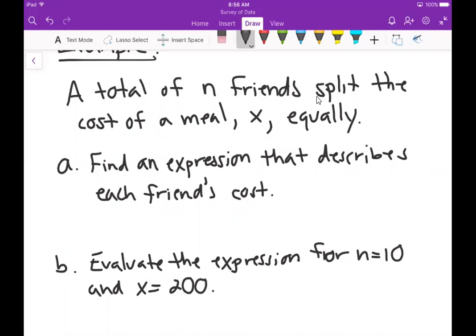So if we want to split up things equally, that wasn't in our list, but that's a good tip-off for division. So I want to take the cost of the meal and divide it by the number of friends I have. And again, the order here is very important. The cost needs to be divided by however many friends there are in the group.